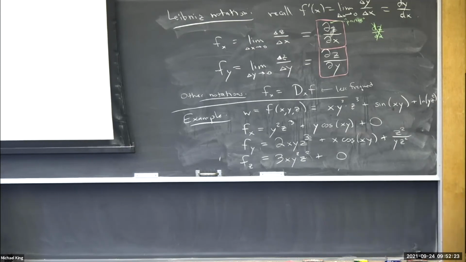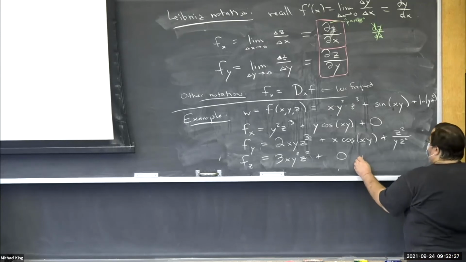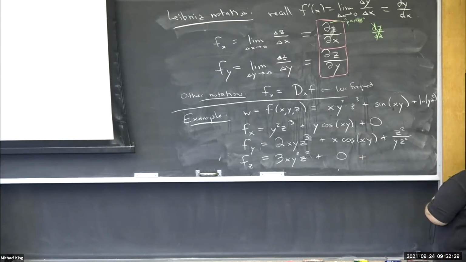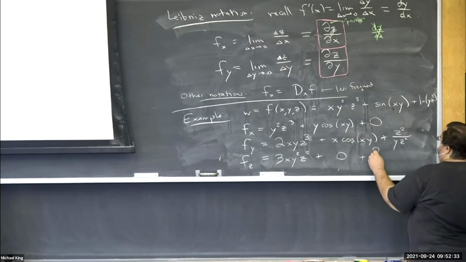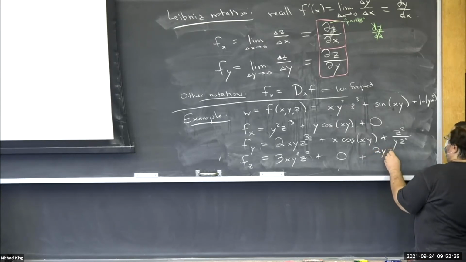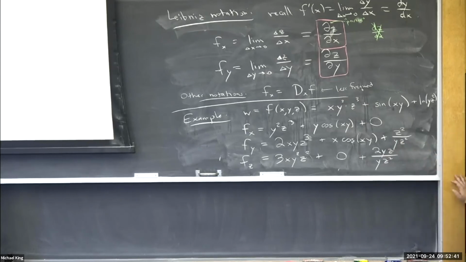And something similar happens here. What's the numerator? 2yz over yz squared. Yeah, it's a chain rule, right? So it's 1 over blah times the derivative of blah. And so 1 over yz squared times z squared.